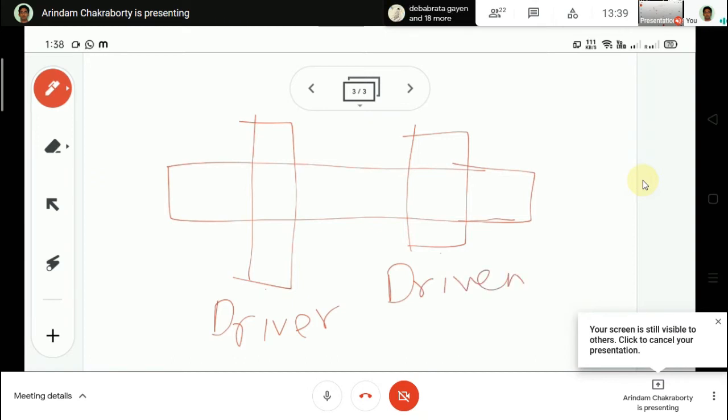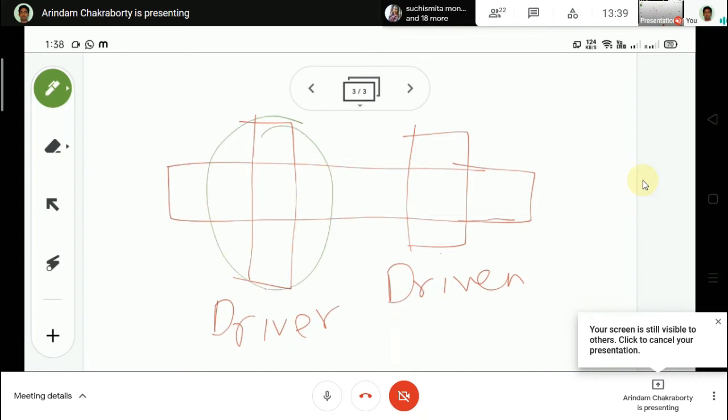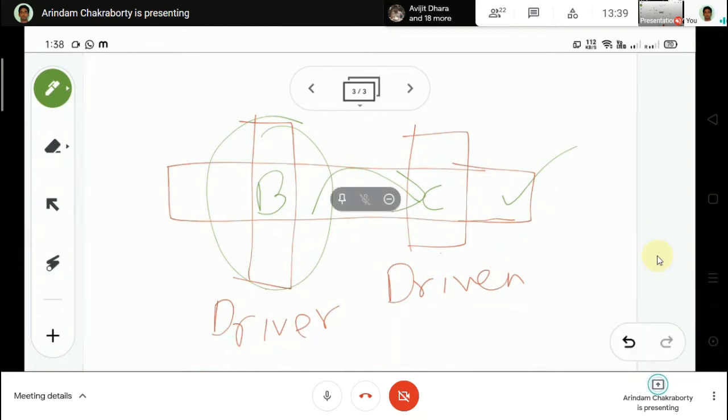The power is transmitted from pulley B to C, but this is transferred by a shaft. The shaft should have enough diameter to transfer the force, load, power or torque to this one.